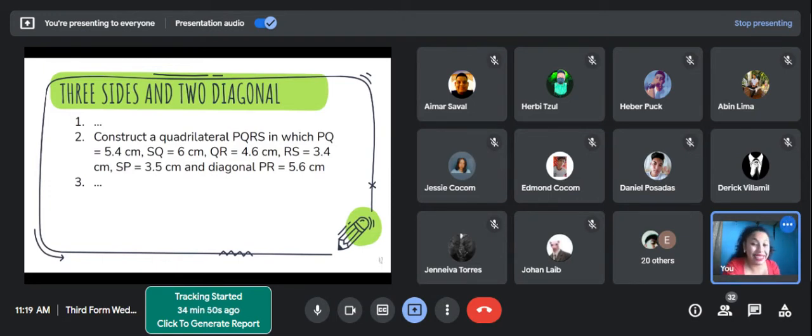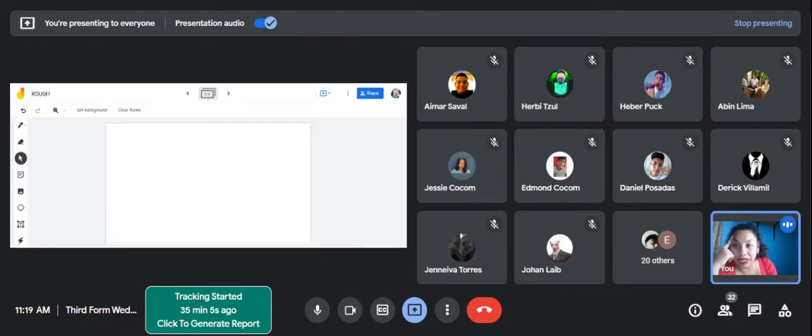If you take a look at this question, they are giving you 6 different measurements. So now I want to quickly draw this so that all of you have a mental representation of what this question is talking about.